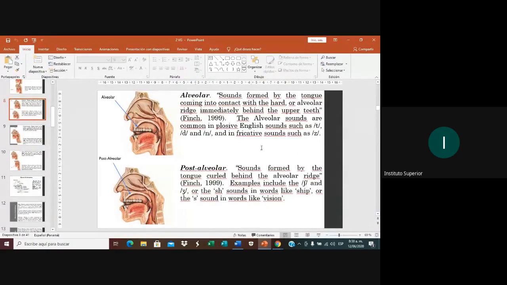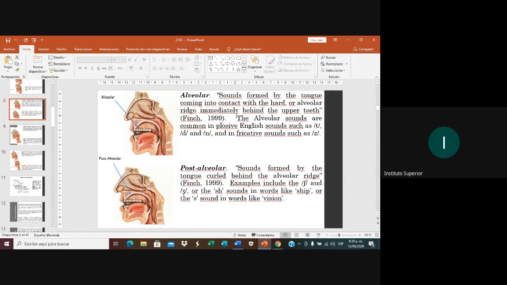Could you read, please, the first one here? Beautiful people of my class. Can you read Alveolar up there? Alveolar sounds are formed by the tongue coming into contact with the hard or alveolar ridge immediately behind the upper teeth. Alveolar sounds are common in plosive English sounds such as T, D, and N, in fricative sounds such as S. Okay, thank you.